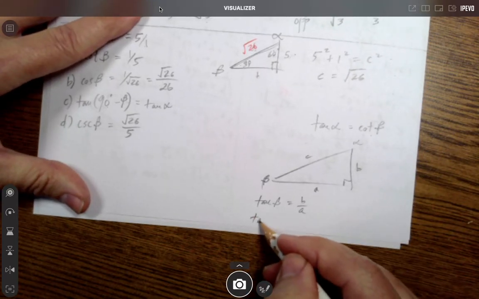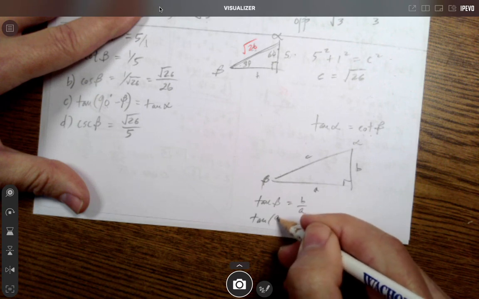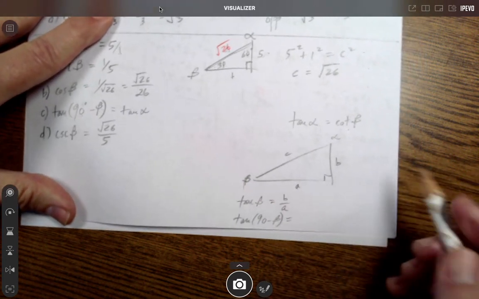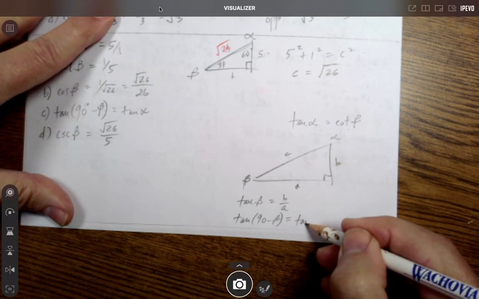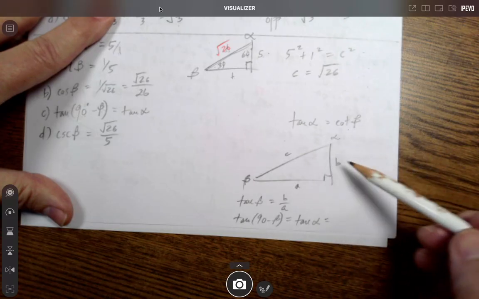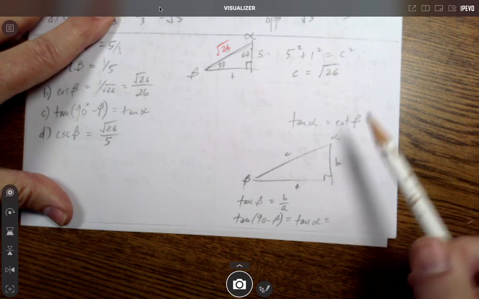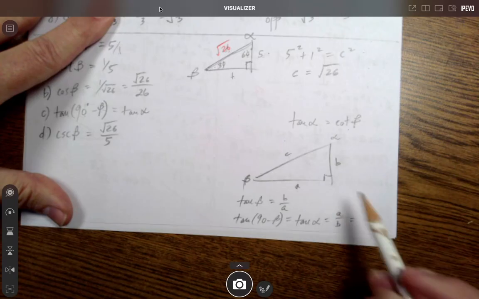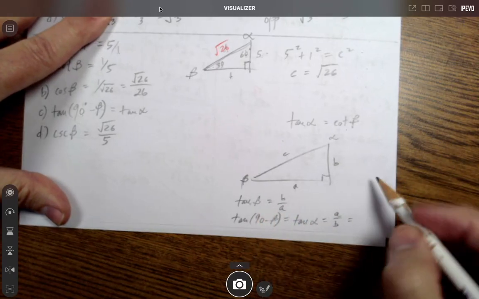The tangent of 90 minus beta, well, that's just this other angle. So that's the tangent of alpha. And the tangent of alpha is opposite over adjacent, so A over B. And we know A over B is the reciprocal of that, which has to be the cotangent of beta.